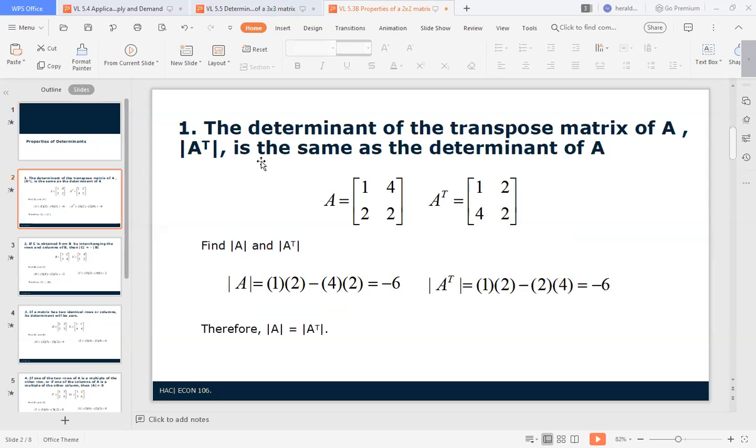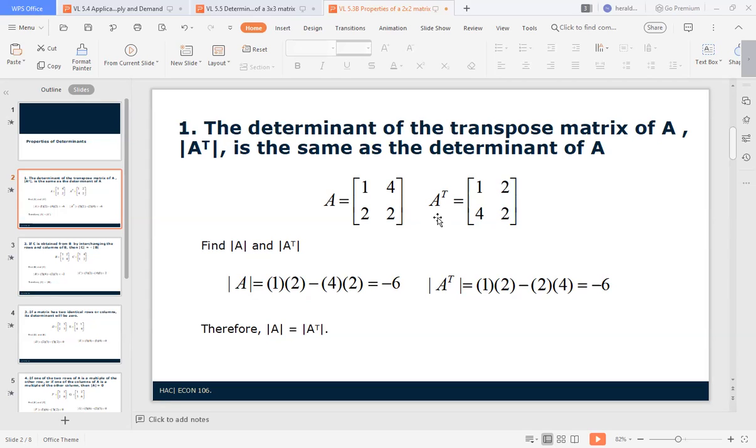The first property is that the determinant of the transpose matrix of A is the same as the determinant of A. So if this is our original matrix and this is the transpose of A, then the determinant of the two are just equal, okay? So again, class, how do we get the transpose?